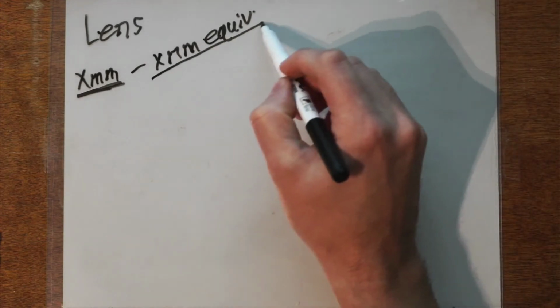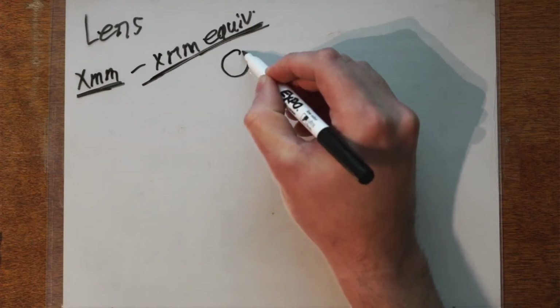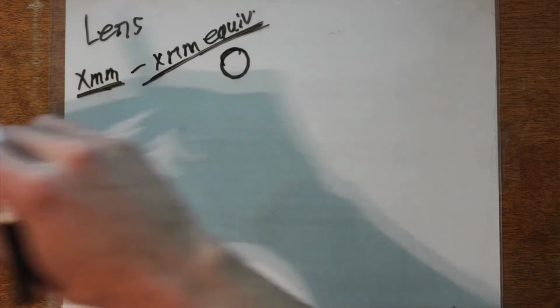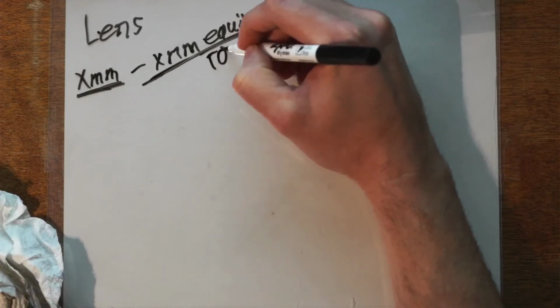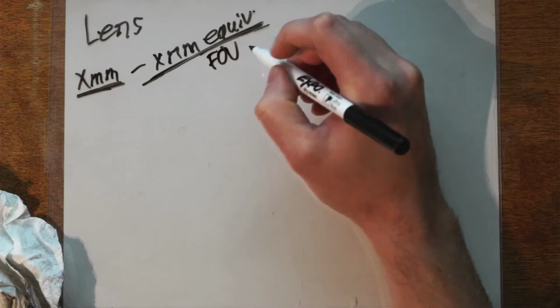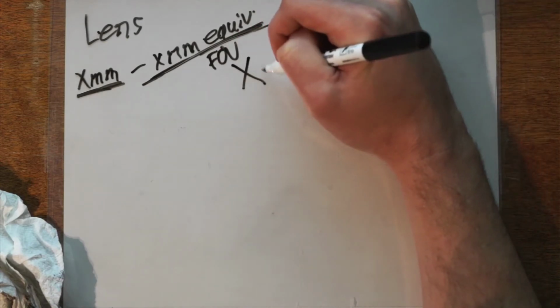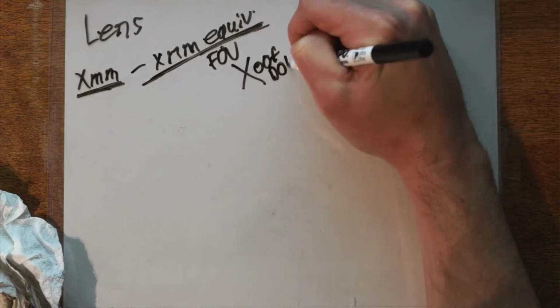This does not work at all for the size of our bokeh, right? The size of our out of focus areas. It does not work for that element at all. So realize this is a field of view equivalent, right? It is not an out of focus or depth of field equivalency.